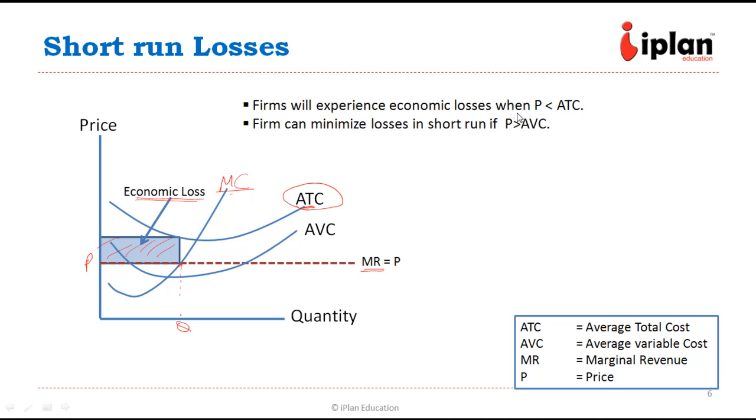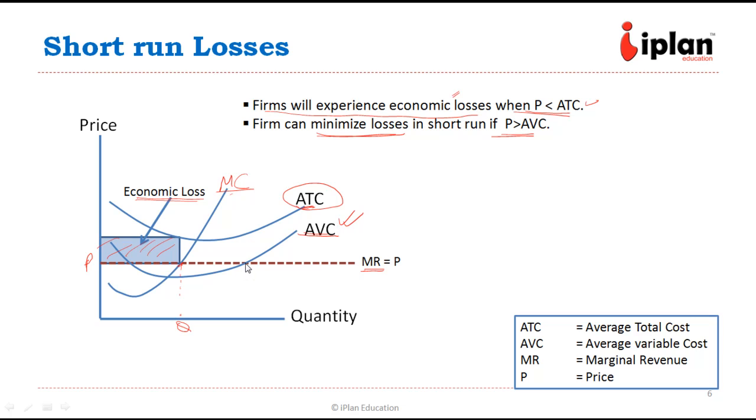If our price is less than average total cost, the firm will experience economic losses. In the short term, the firm can still minimize losses if the price is greater than average variable cost. So if we are able to cover the variable cost, we can still minimize losses, since in the long run we will cover our fixed cost.